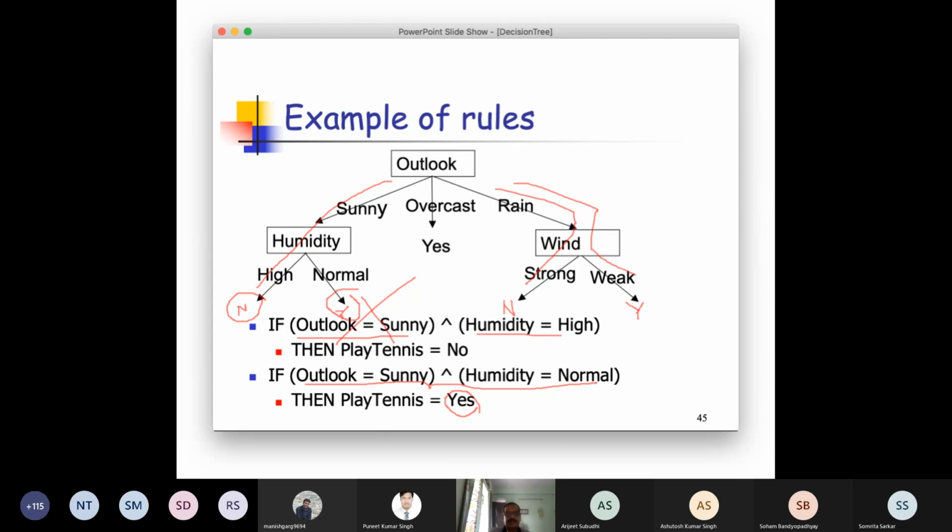Now, if I remove this, take this rule and remove this clause from that rule, it becomes only: if humidity equals high, then play tennis equals no. Then you see from your training examples how many of them are getting satisfied using this rule base, and how many of them are wrongly labeled, because you will be predicting and you can compare with the given training data. So that is your performance.